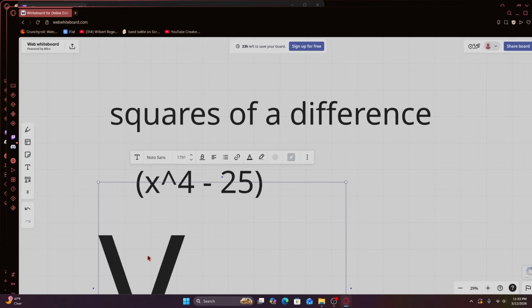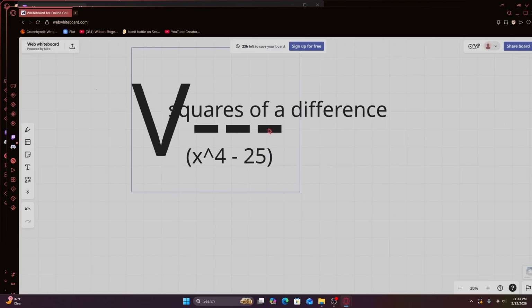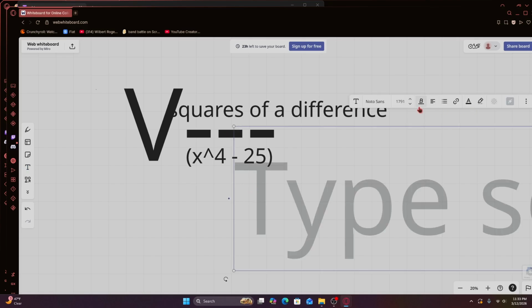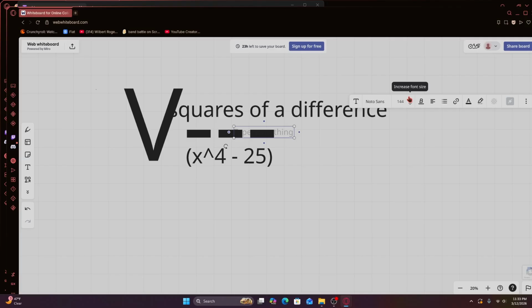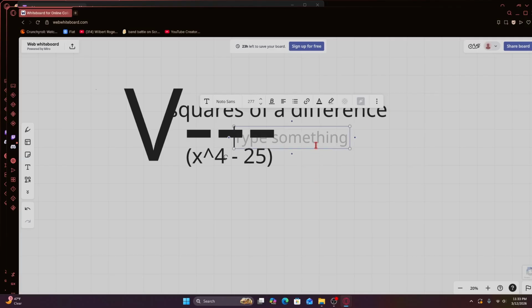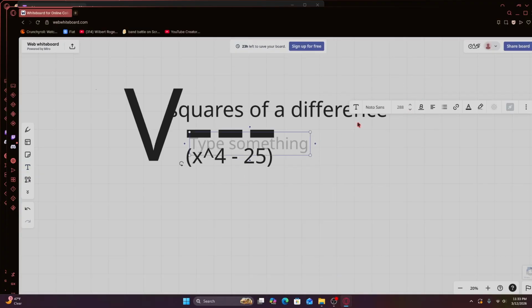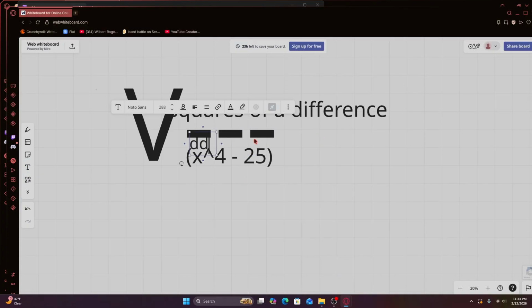So the square root of each of these numbers would work out to x squared, because we divide the exponent by 2 when we're square rooting, and we get x squared and 5. Those are our two square roots.